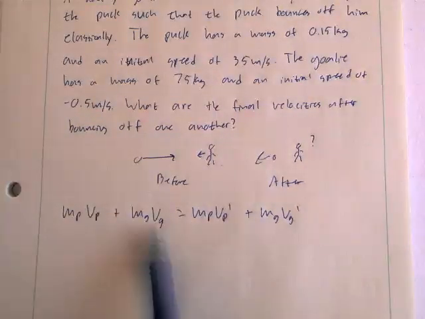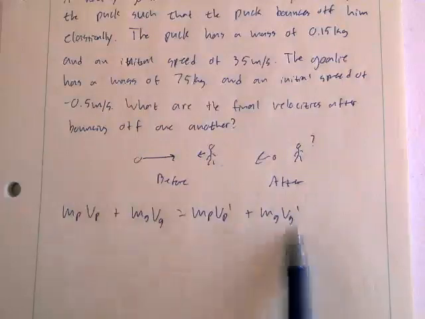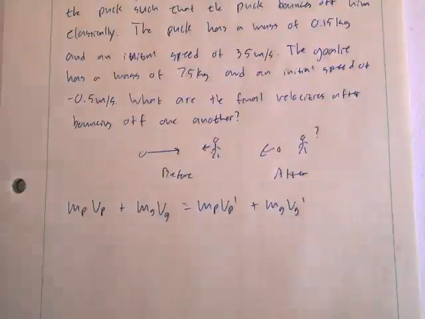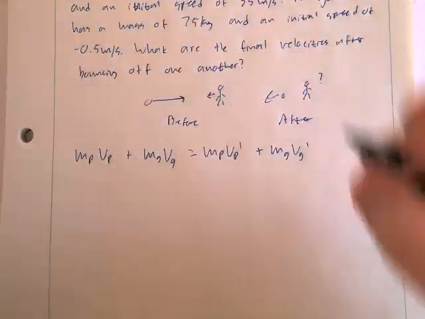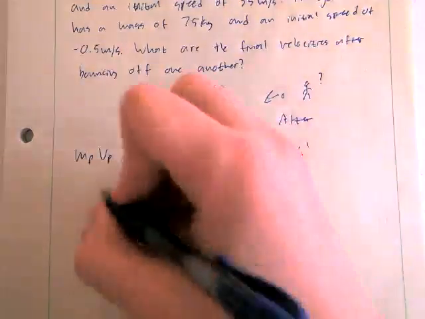So this is our conservation of momentum equation again. We know all of these values over here, but we don't know these final velocities. So we have one equation, two unknowns. Of course, we do need to conserve our kinetic energy as well. So what would that one look like?